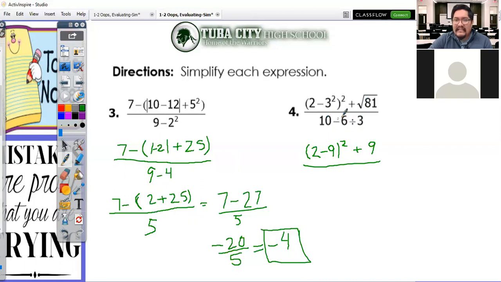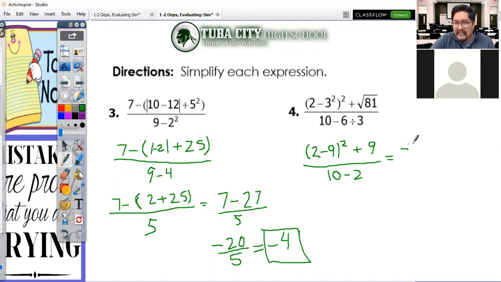So in this case, 6 divided by 3 would be 2. So that'd be minus 2. Okay. 2 minus 9. Now be careful because this is another thing that's important too, and that is grouping. When you're grouping something, like in this case, these two numbers are grouped, 2 minus 9. There's a group there.